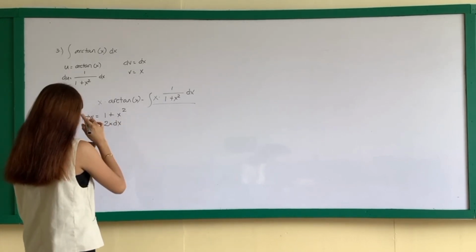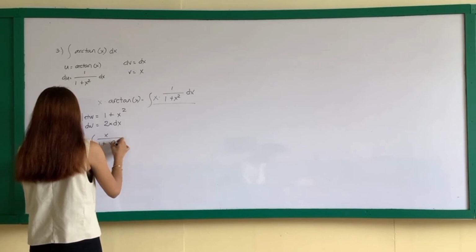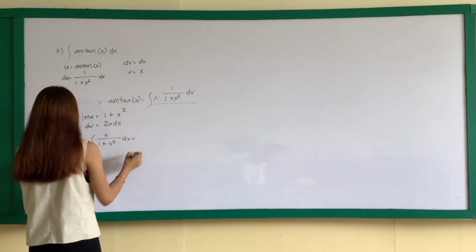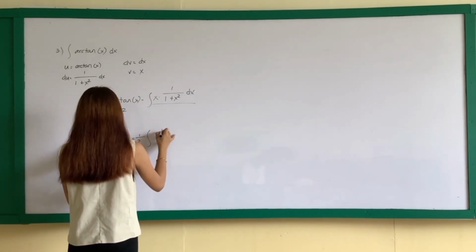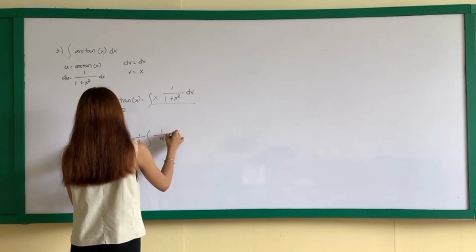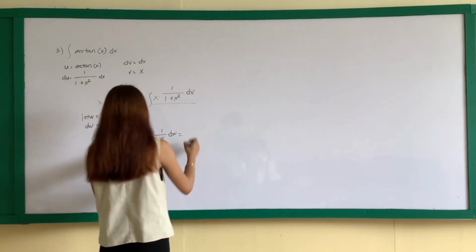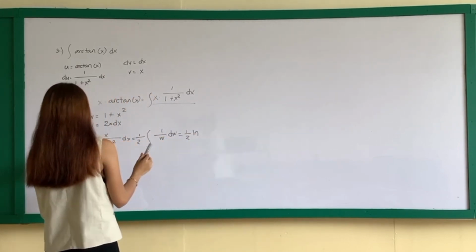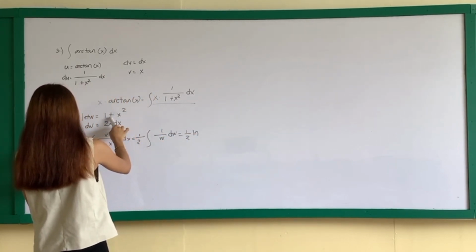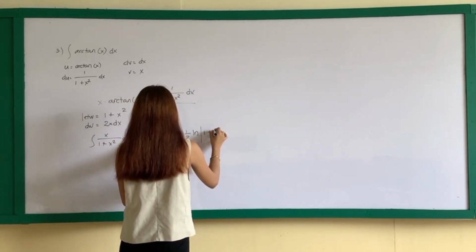Then the integral of x over 1 plus x squared dx equals 1 half times the integral of 1 over w. So our answer here is 1 half ln w, where w here is 1 plus x squared.